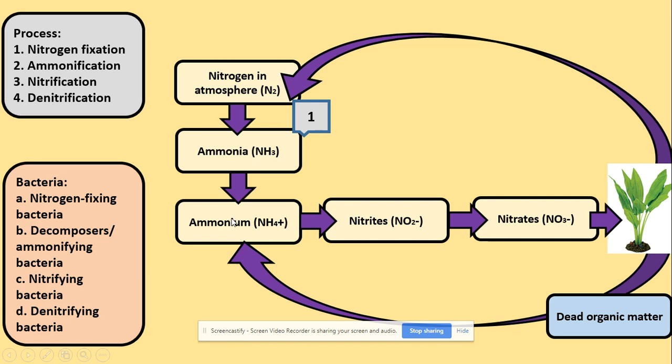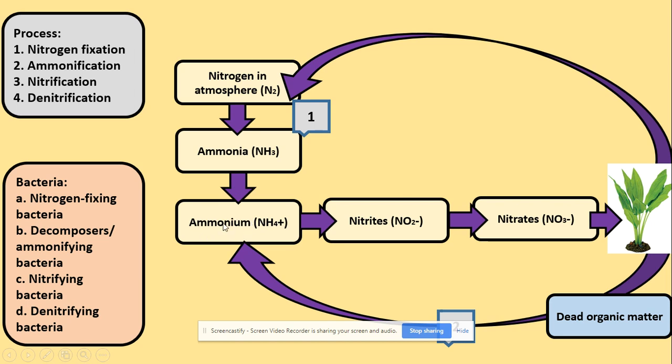So ammonia then will be further converted into ammonium, and this ammonium, of course, could also come from the dead organic matter. So when the plants or the animals die, they will contain proteins, they will contain urea, and the process of converting the dead organic matter into ammonium is called ammonification.